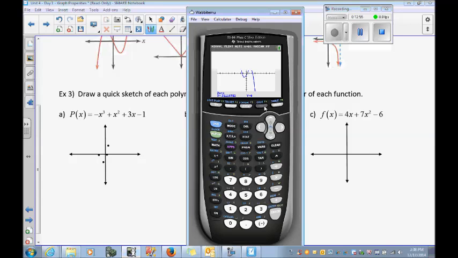Second trace, zero. With all of these decimals, these are probably complex roots that we're finding. So left bound, right bound, guess. And it says 2.17. So roughly about in here.